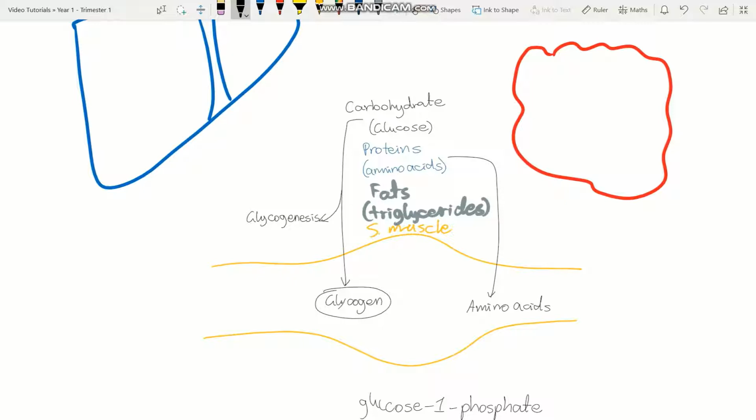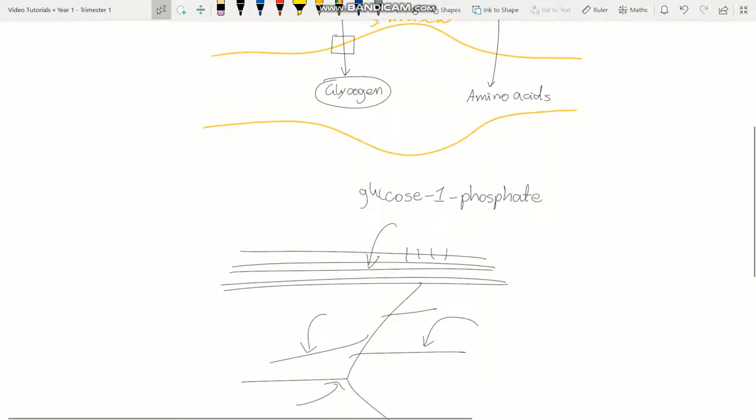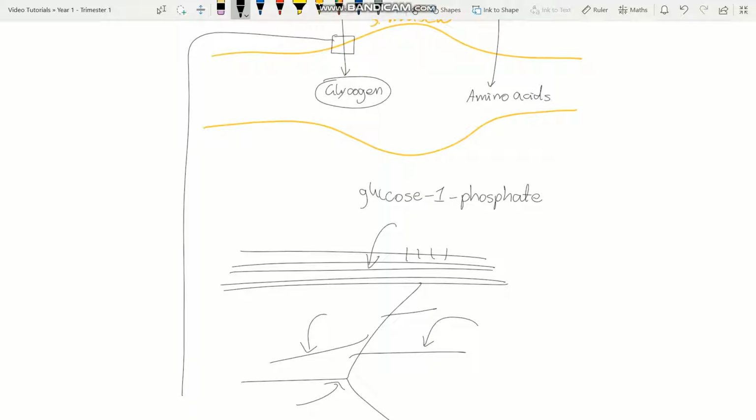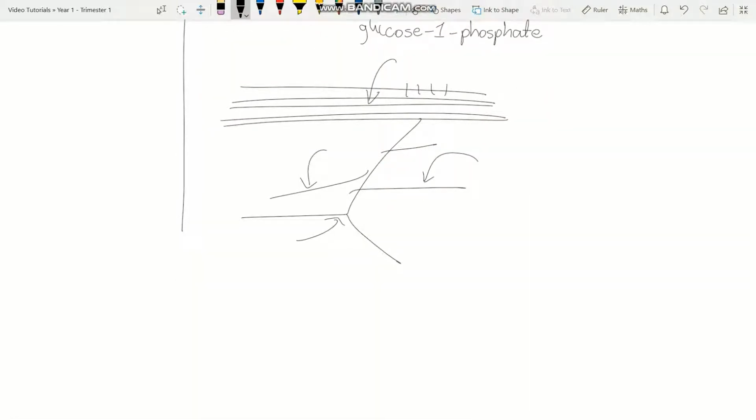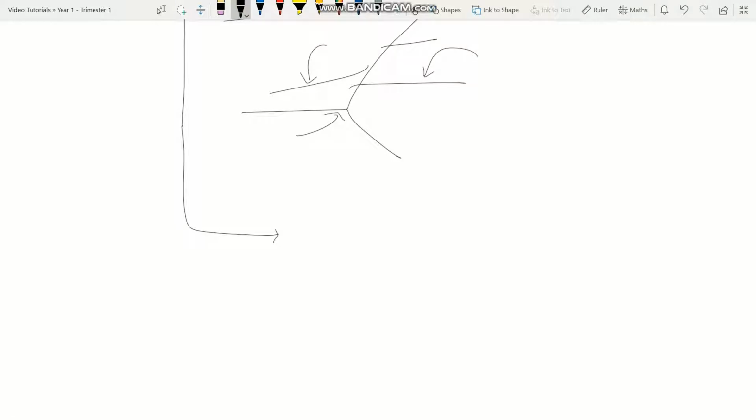Just before I forget, in terms of the transfer of glucose into skeletal muscle, you might be wondering how that occurs. So, in fact, there are special protein transporters that are present on the cell membranes of skeletal muscle cells, and these are called GLUT4 transporters.